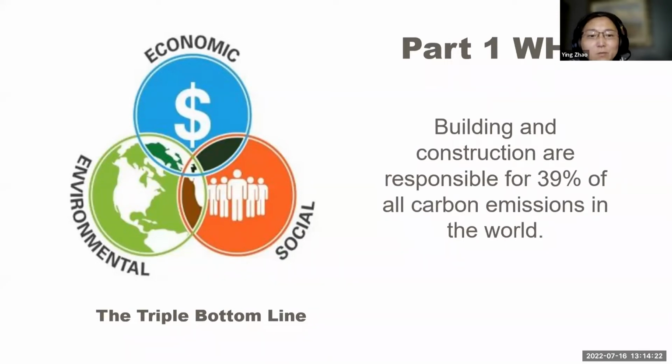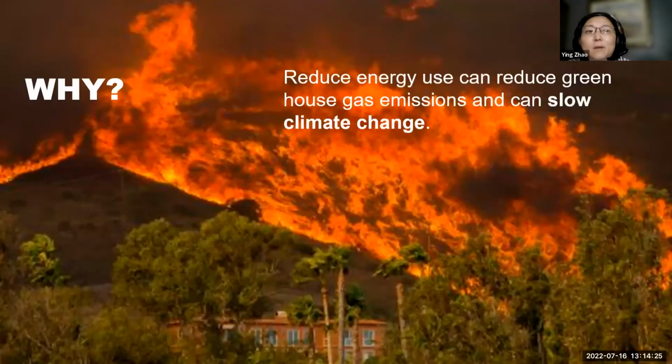We can talk about it more. So for example, reduced energy use can reduce greenhouse gas emissions, and it can slow climate change. Arguably, the most impactful aspect of greenhouse gas emission reduction is to slow climate change and benefit the environment. Climate change is a central cause of increased droughts, sea level rise, and drastic weather events.